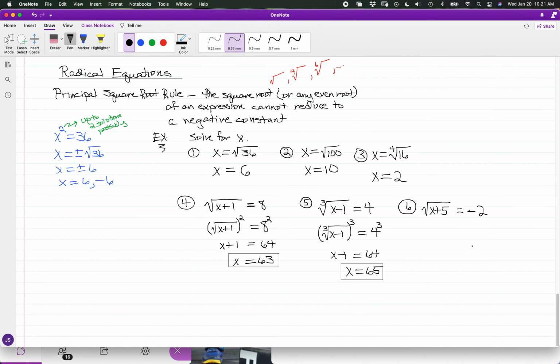And again, the square root or any even root of an expression cannot reduce to a negative constant. So you have an even root, and this particular item is going to have no solution. And again, that's because of the principal square root rule. Now I'll just shorthand this, you have PSR or PSR rule.